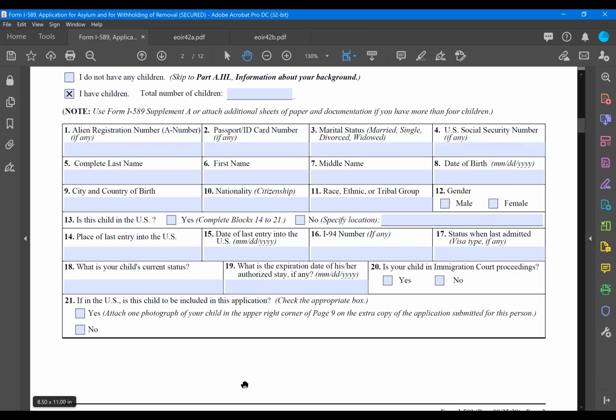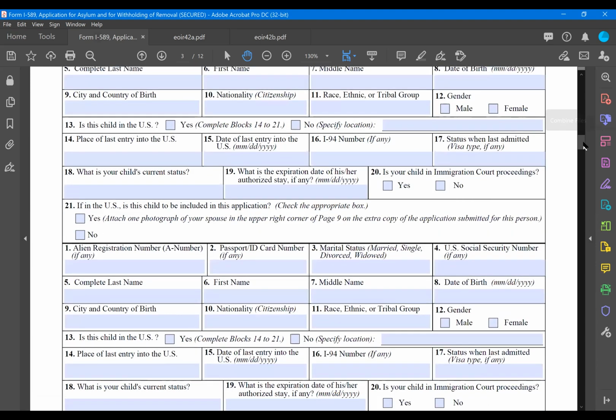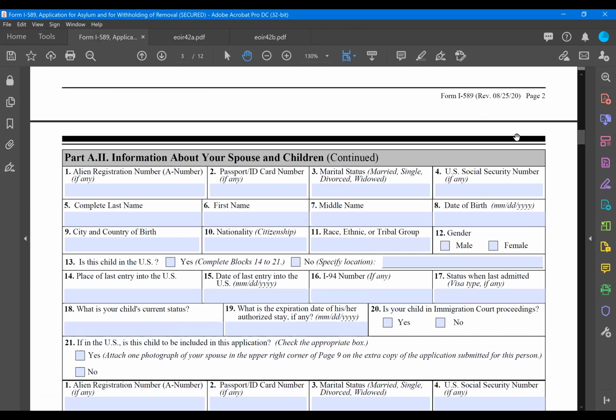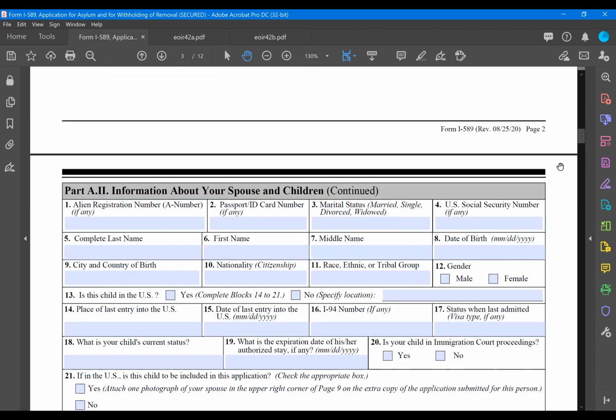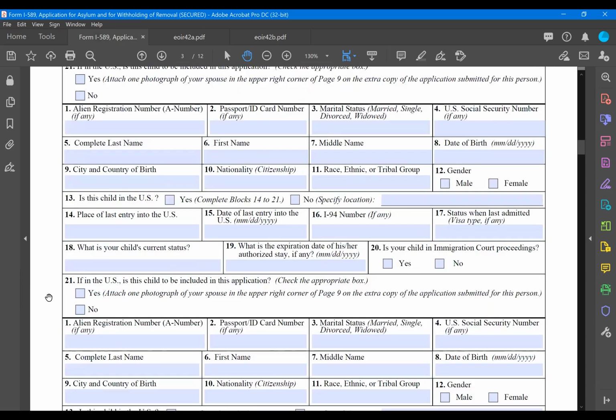I will say that this part of the form is poorly designed because when you get down here, this whole page is all continuing children, a list of children, okay? And it all runs together. I guess there's a sort of darker line right here, and we go from question 21 to question 1, and then again down here from question 21 to question 1.